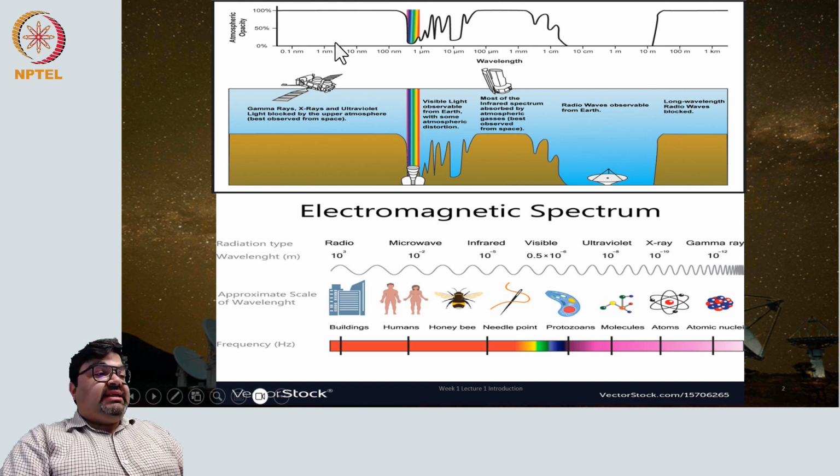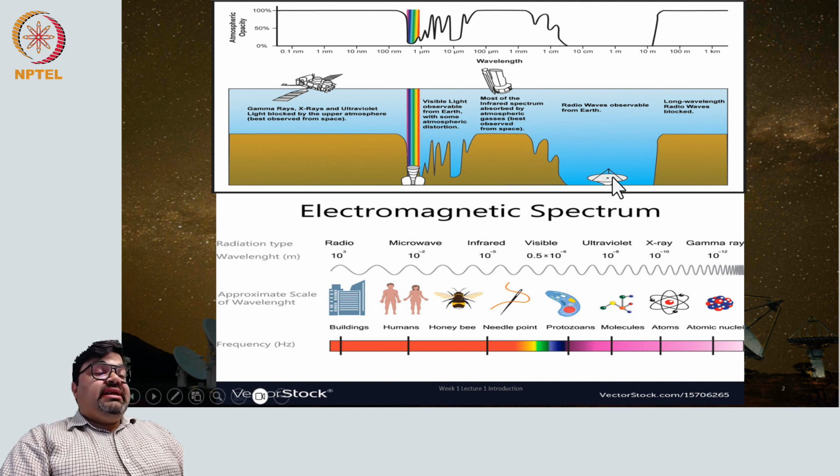Apart from that, there are other electromagnetic spectrum ranges, like X-ray, gamma ray, ultraviolet, even some part of infrared, which cannot be observed from the surface of the Earth. Earth's atmosphere cuts them off and prevents them from reaching the surface. Hence, we have to fly space telescopes to observe in those bands.